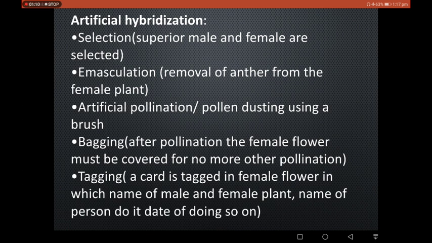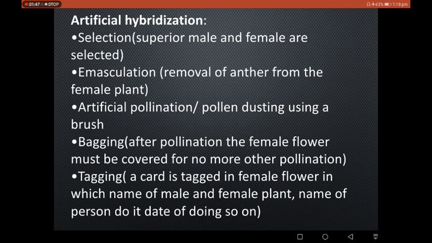So we must remove the anthers from the female plant, because if anthers are present in such a flower, there is a chance of self pollination. So in order to avoid such a chance, we must remove the anthers from the female plant, and that process is known as emasculation.